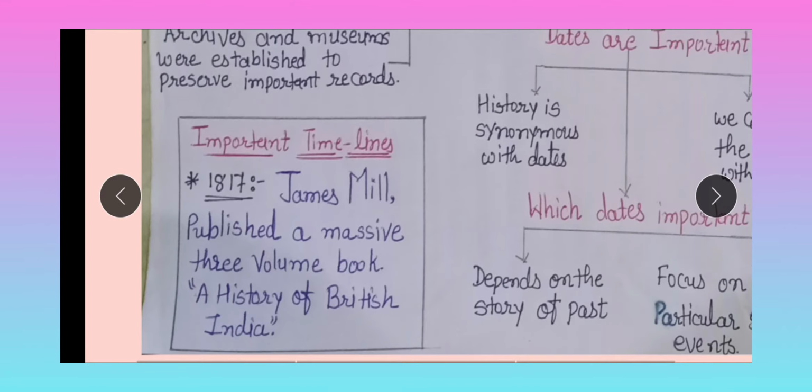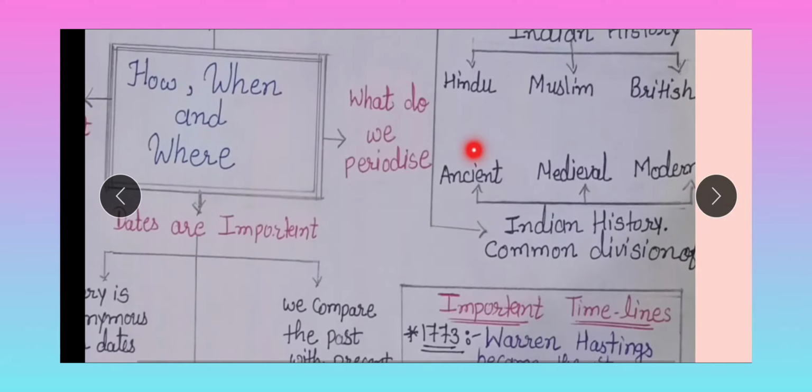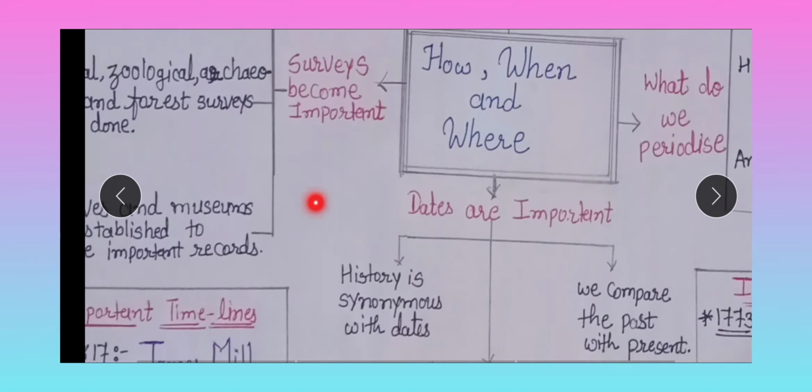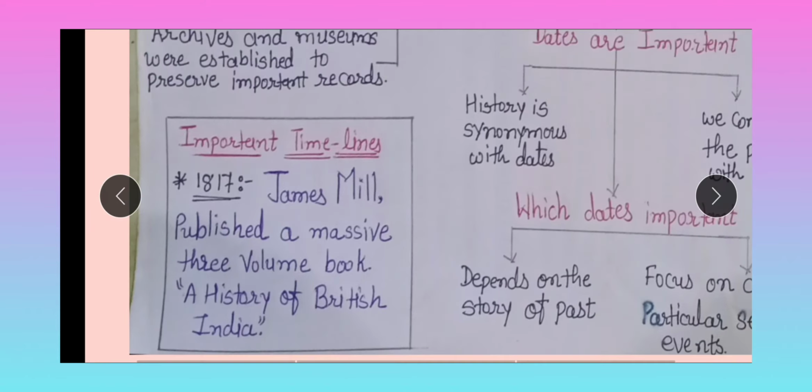Then in 1870 James Mill published a massive three-volume book, A History of India. In it he divided Indian history into three parts: Hindu, Muslim and British. So the book name of James Mill is History of India.